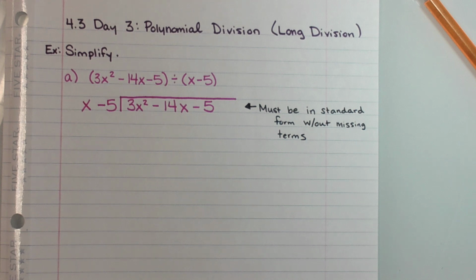So, when we're doing long division with numbers, we ask ourselves the question, going back to this 205 divided by 7, how many times does 7 fit into 2? And for that case, it's 0.